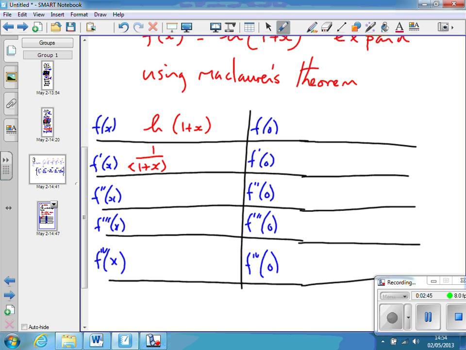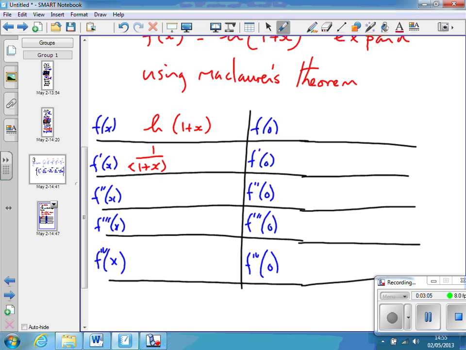So it actually turns out to be 1 over 1 plus x. If it was, say, 1 plus 2x, then the differential would be multiplied by 2, because the differential of 1 plus 2x is 2. But in this case, it's just 1 over 1 plus x.